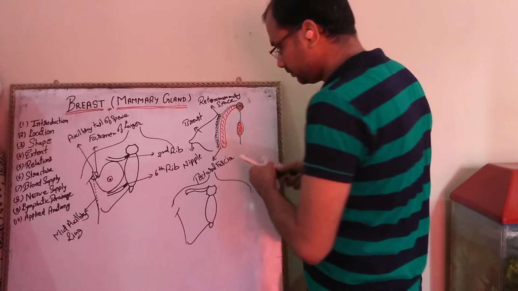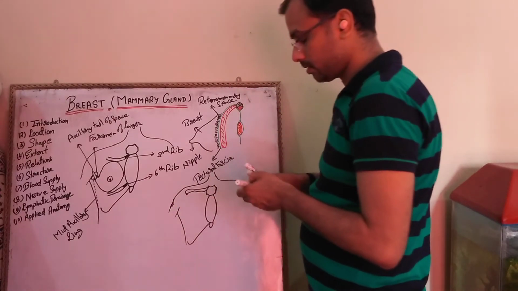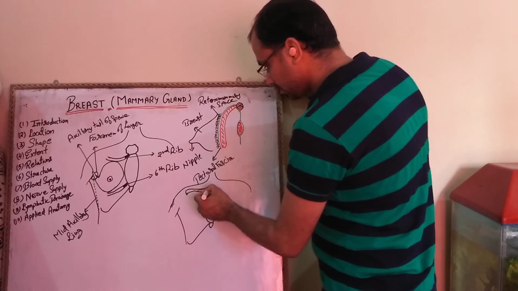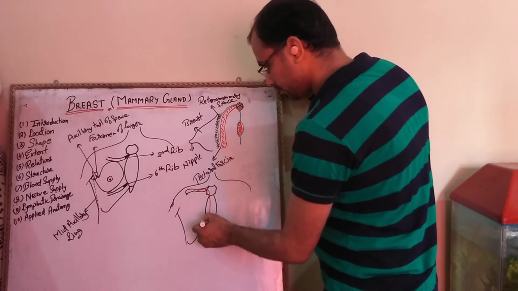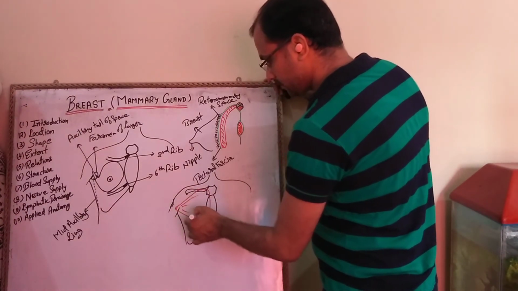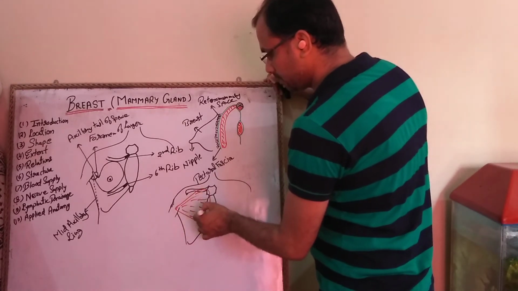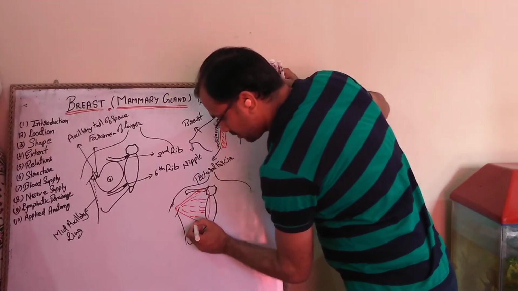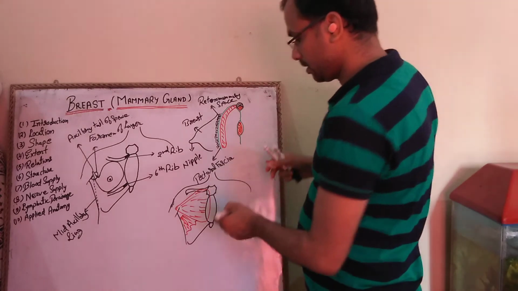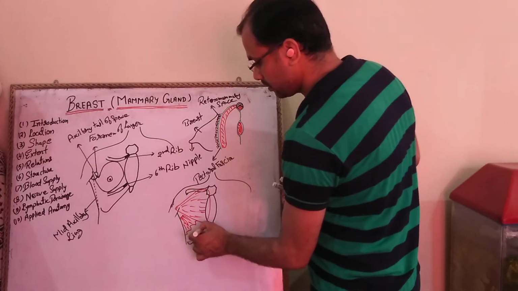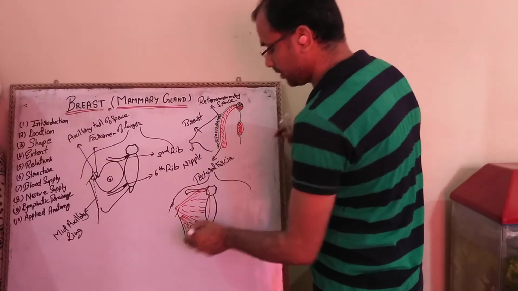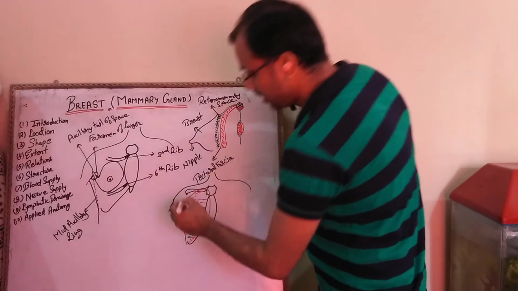Now we will draw the muscles. The first muscle is the pectoralis major. This is the pectoralis major muscle. This is the serratus anterior muscle. And this one is the aponeurosis of the external oblique muscle. So these are the three muscles.